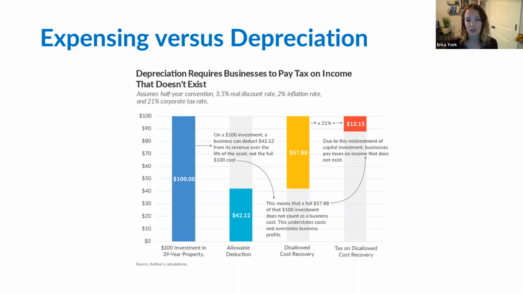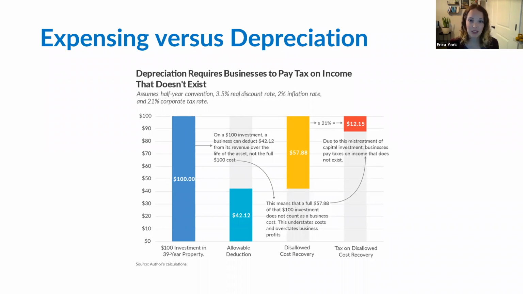In contrast to depreciation, cash flow expensing, or immediately recognizing the amount of money that a business spends on an investment, is the preferred approach of business economists. For example, if you opened up a finance textbook that an MBA student is learning from, it would instruct that student to use expensing in the investment planning process to determine if that project is economically viable or not.